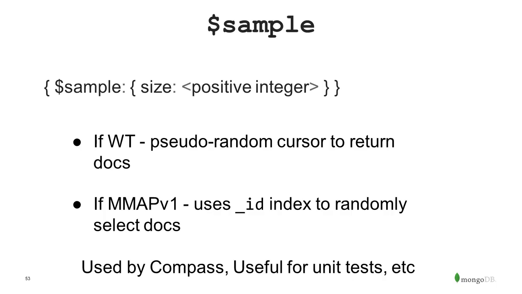If anybody has downloaded our new Compass product, if you point it at one of your collections, you'll see some sort of sampling of the data, and that in fact uses this $sample if it's connecting to a MongoDB that is version 3.2.